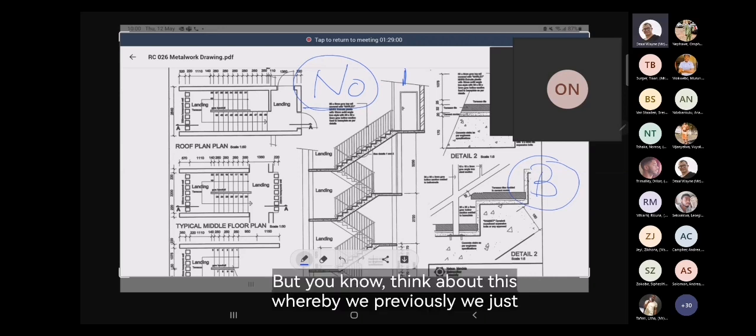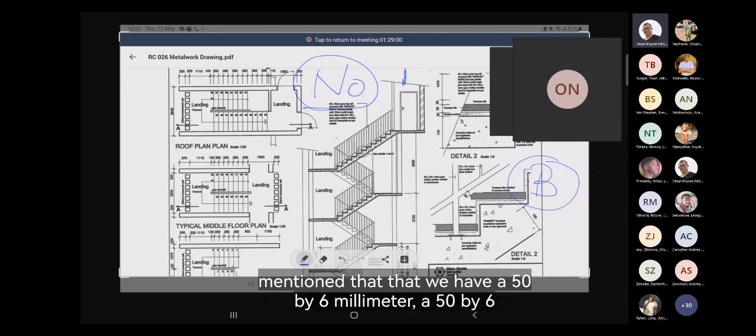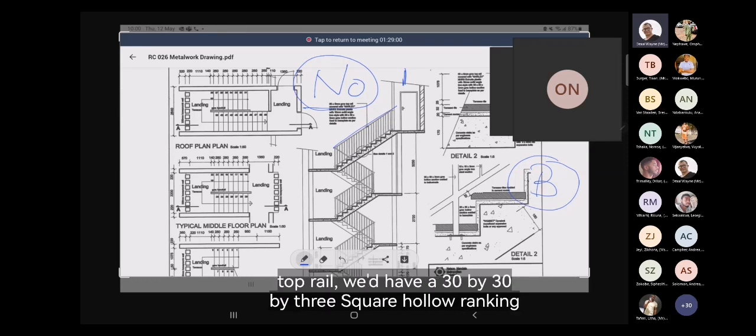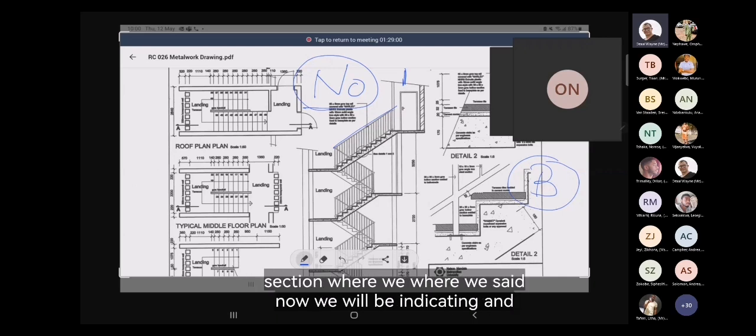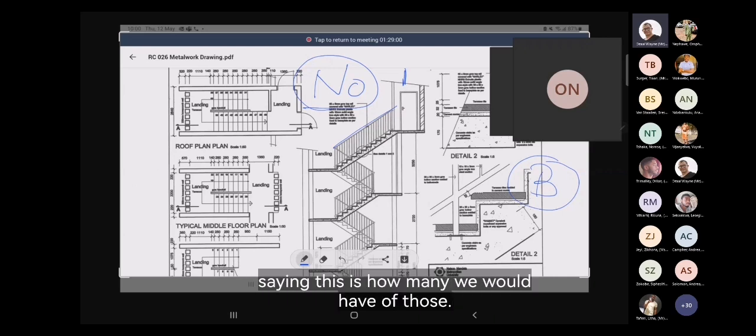Previously we just mentioned that we have a 50 by 6 millimeter continuous raking top rail, and a 30 by 30 by 3 square hollow raking section. Now we will be indicating how many we would have of those.